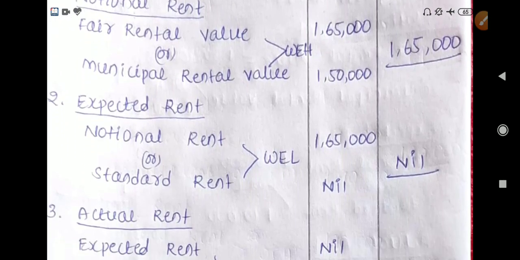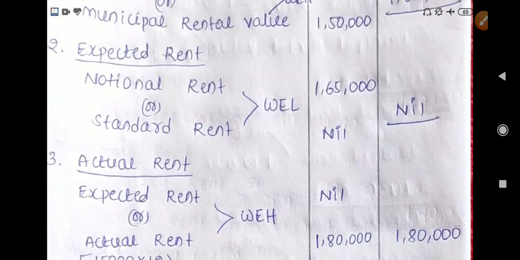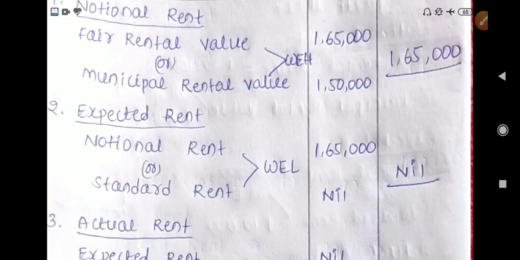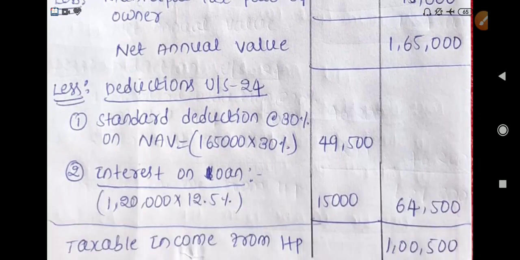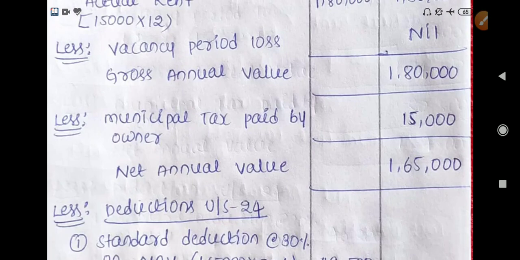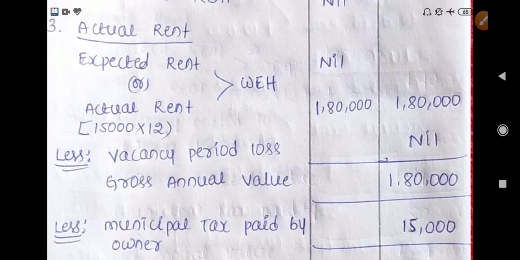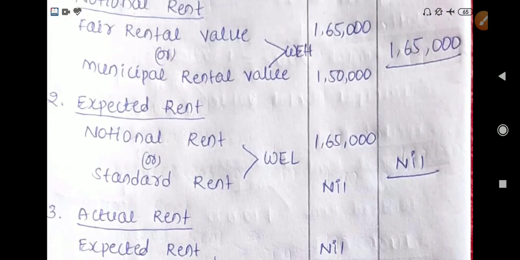In order to compute the income from house property, first you have to compute gross annual value, then net annual value, then deduct the deductions. To calculate GAV, that is gross annual value, three steps have to be followed.